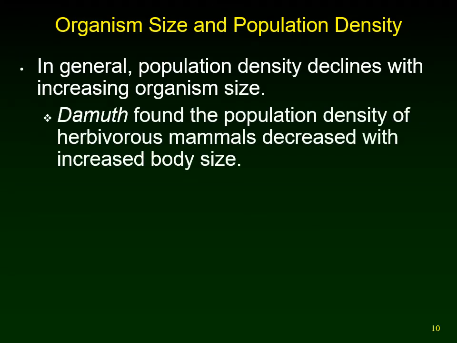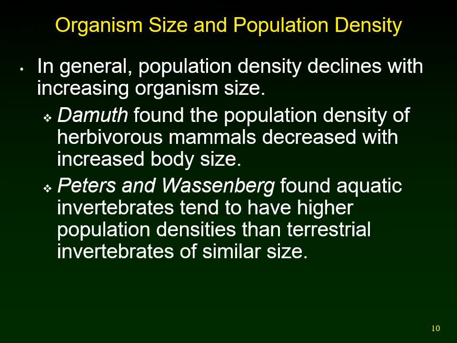The work by Damath looked at herbivorous mammals, basically how body size and population density were related. And then this was built on by looking at other animals. So Peters and Wassenberg looked at aquatic invertebrates and found something similar.